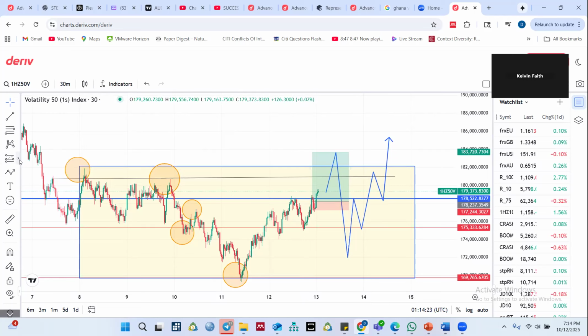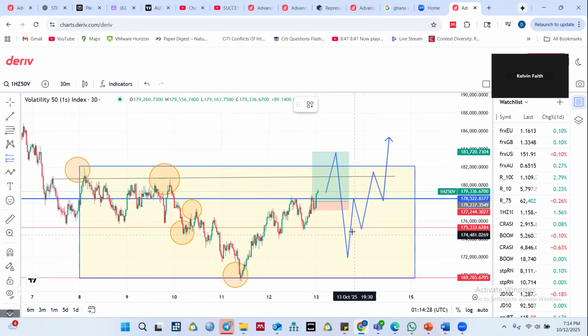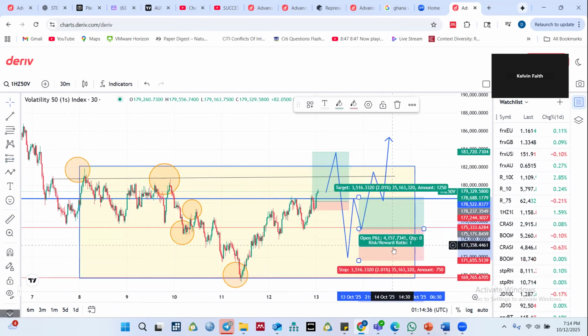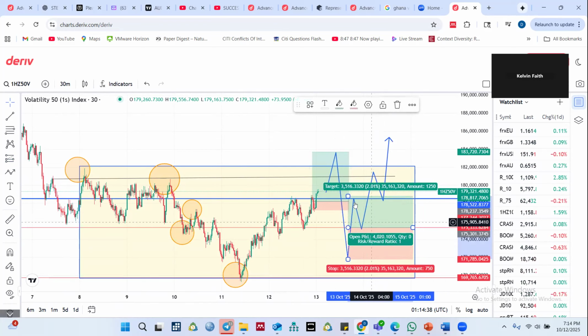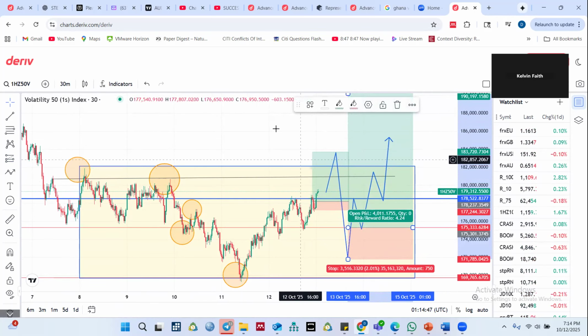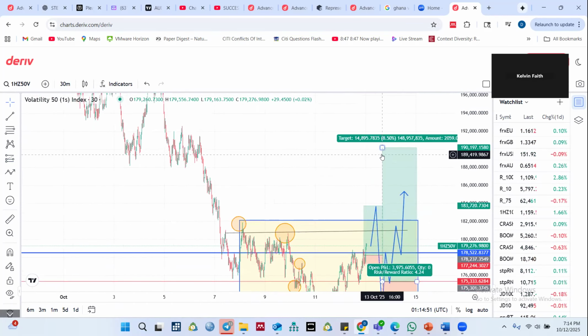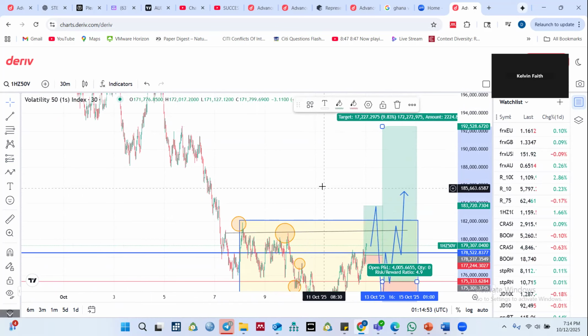My second entry for a buy is going to be, if price drops below the blue line, here. Okay, it's going to be here. I'm going to be going long from here, targeting up, up, up, probably somewhere here.